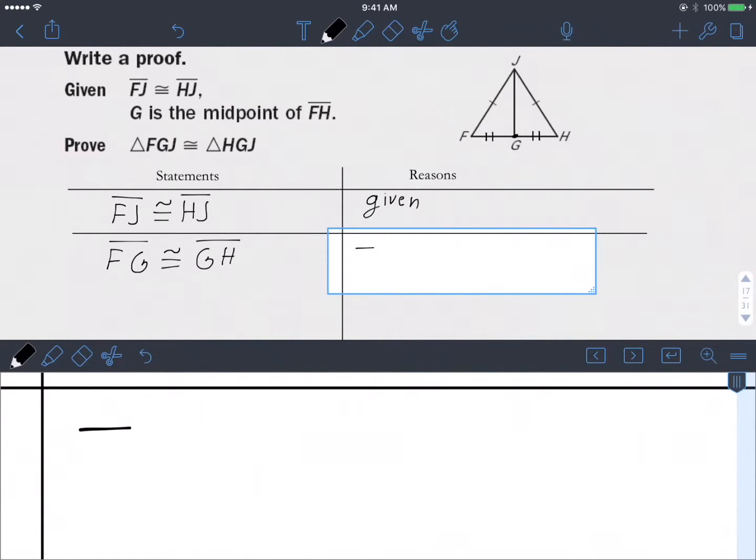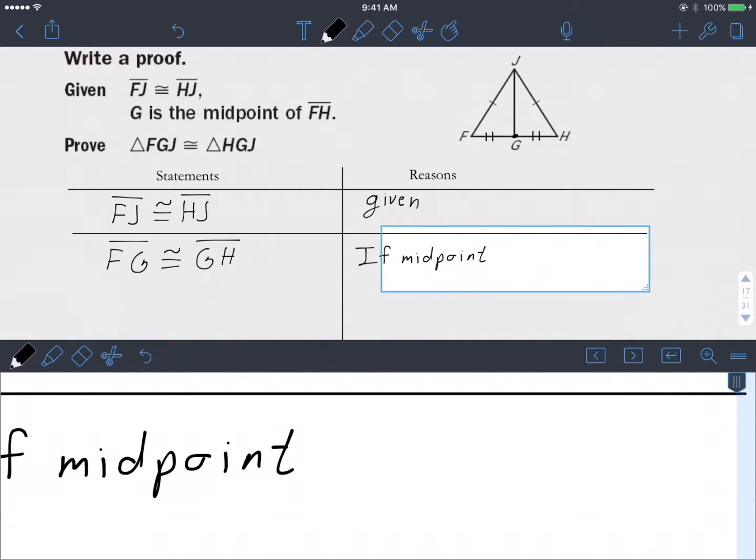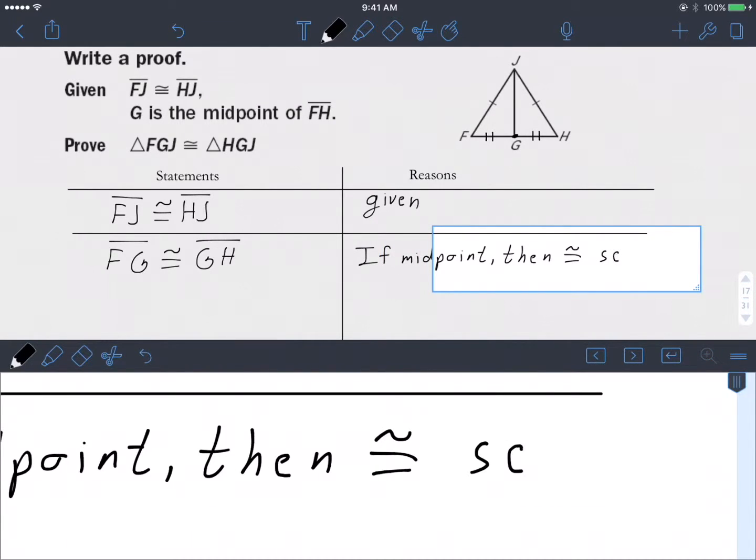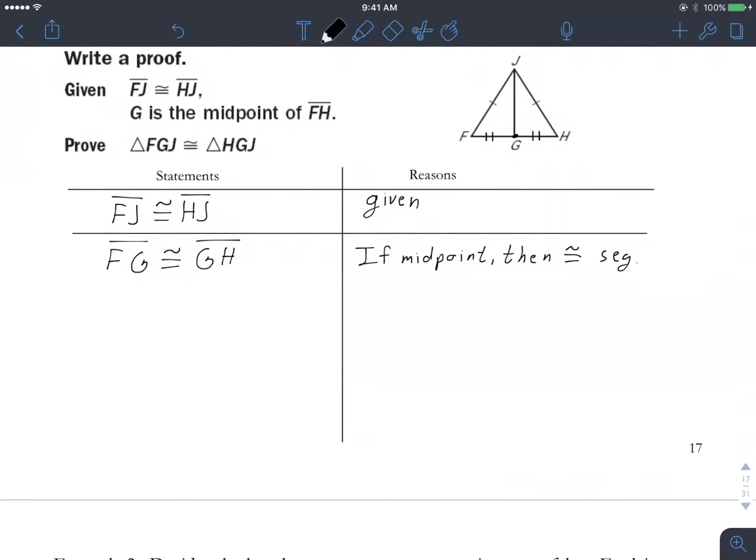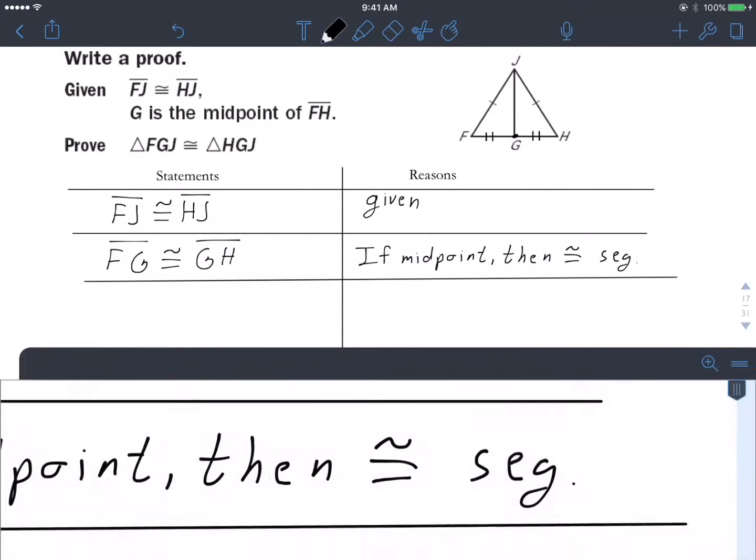So if midpoint, then congruent segments. So that's 2 sides down. Now, what about our third side?